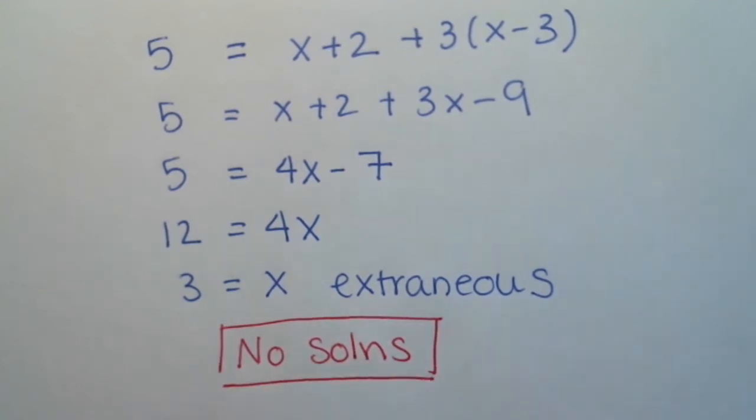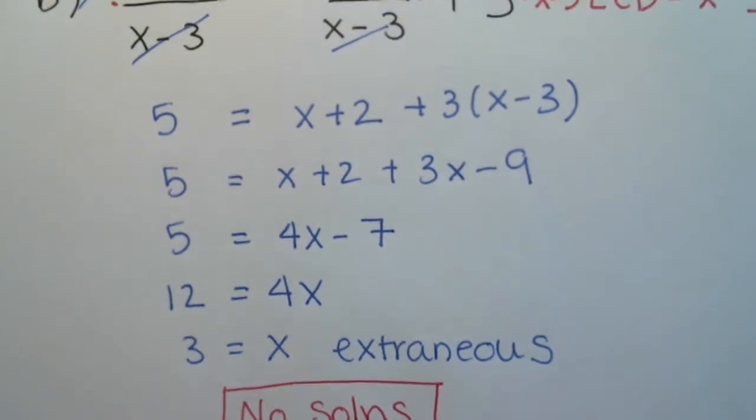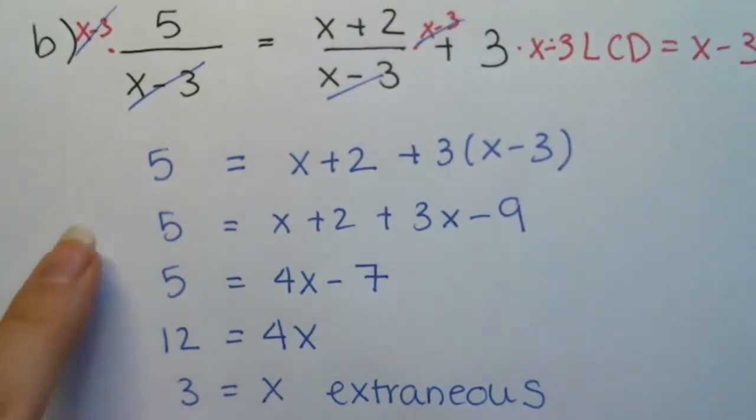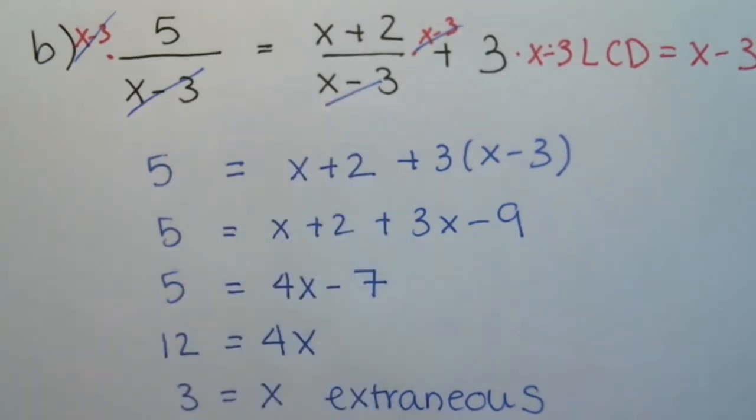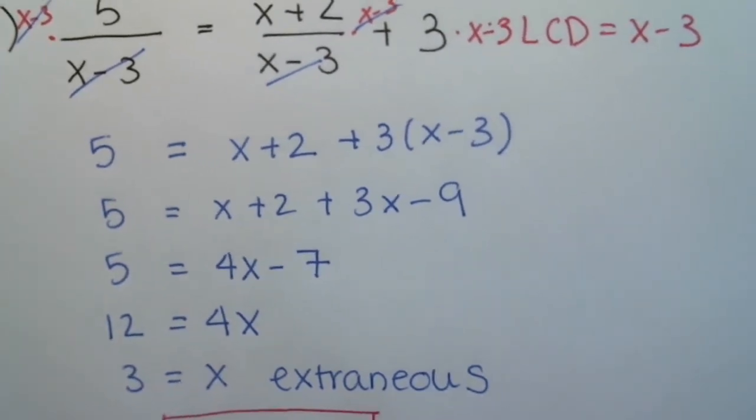So here's an example of what you see when you have an extraneous solution. You're checking it by plugging it into the original equation, and you can see that it makes the denominator 0. All right. Let's see another example.